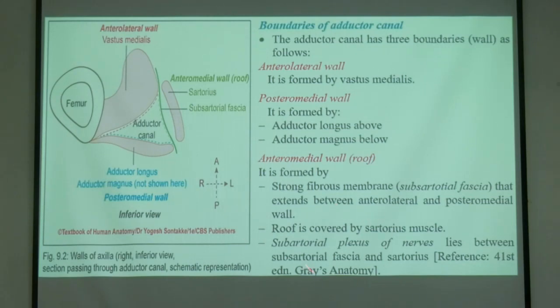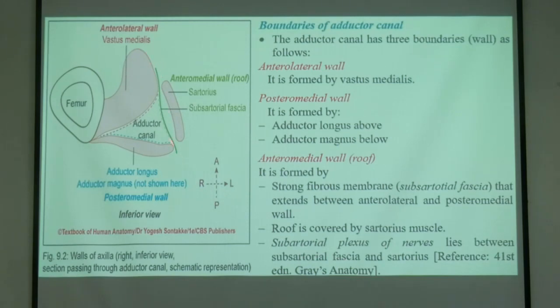Which nerves are forming subsartorial plexus is also important. So the roof has a strong fibrous membrane, known as subsartorial fascia, that extends between the anterolateral and posteromedial wall, and it is covered by the sartorius muscle and subsartorial plexus of nerve.